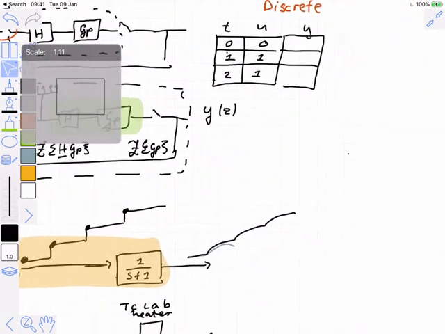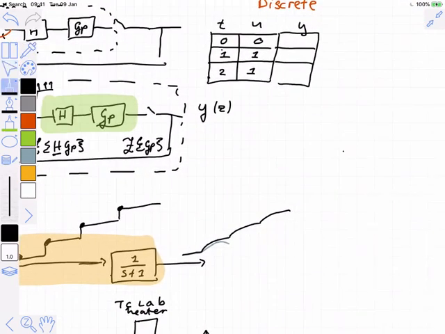A common different version of that diagram, the common sense version of this, is I have my hold element talking to my continuous process. The output from that process is obviously a continuous signal.